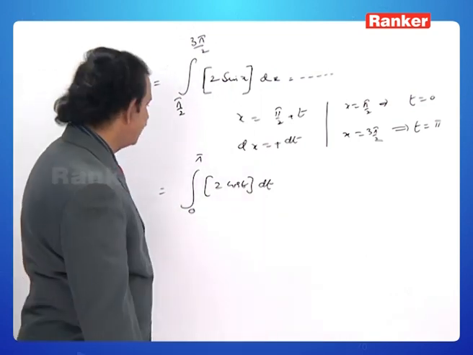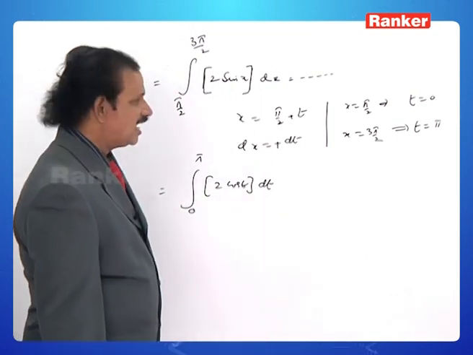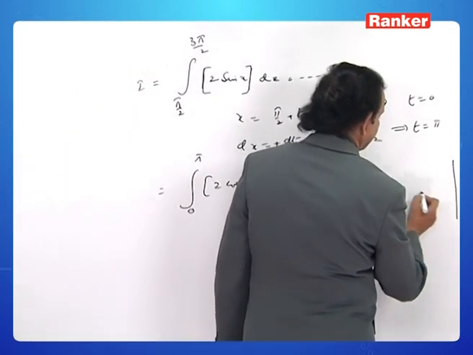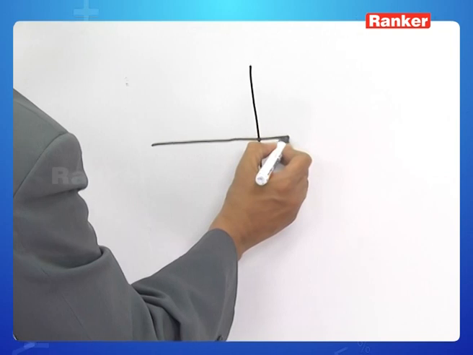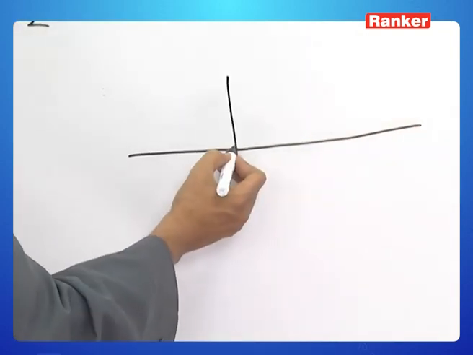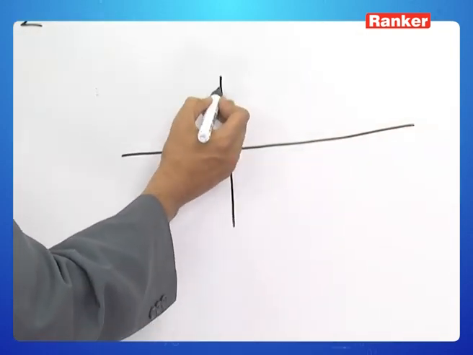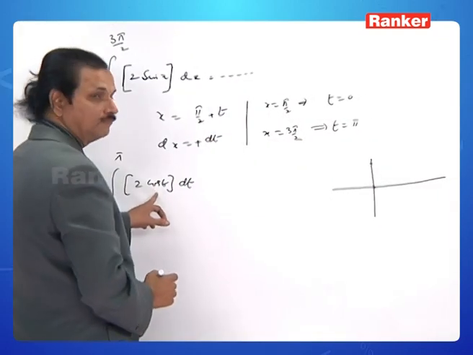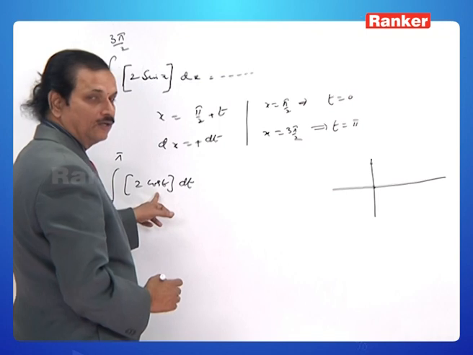Now, observe the graph of the cosine function. Cos 0 is 1, 2 ones are 2.